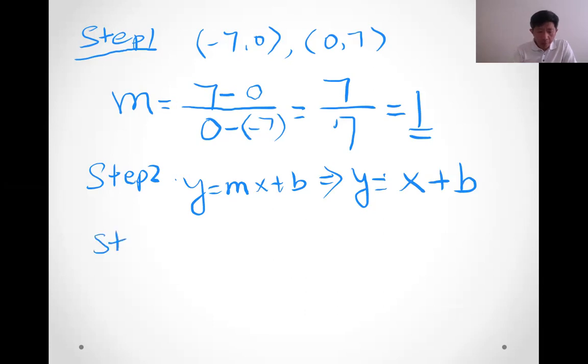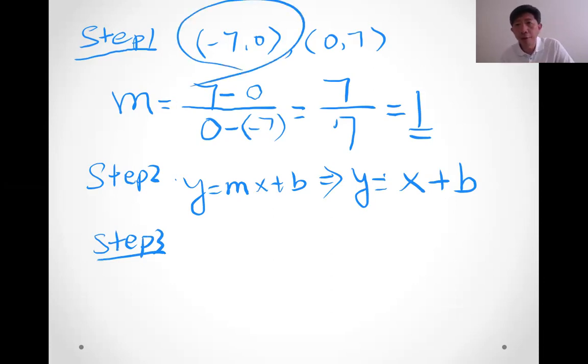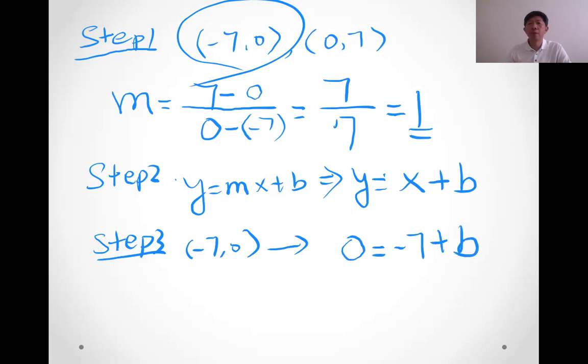Step 3, I find any point from here and plug into this equation. So take negative 7, 0 and plug in: y equals 0, x equals negative 7, plus b, right? Then I can figure out the intercept. Once I add 7 to both sides, I find that b equals 7, right?